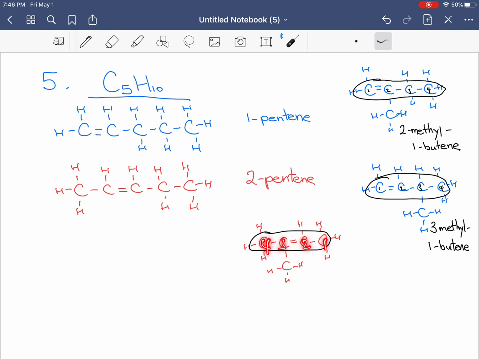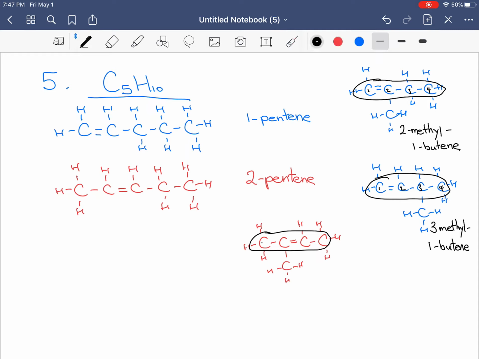It's still going to be 2 and 3. So what are you going to do? Well, if the double bond can't make the determination, you look at what's important after that, which is the side group. Do you want your side group to be at 3 or at 2? That's your question, because the double bond can't figure that out for you.